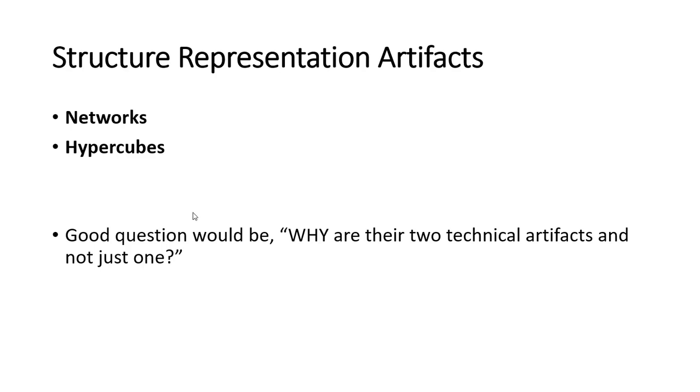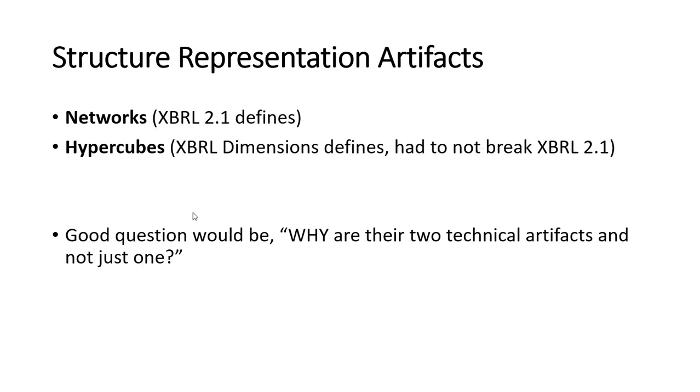Why is that? Okay, well, the answer, if you understand the history of XBRL: XBRL 2.1 did not include XBRL Dimensions. And then XBRL Dimensions was created a couple of years later, and they had a mandate not to break XBRL 2.1, so they basically had to retrofit hypercubes within networks and make all this stuff work correctly.